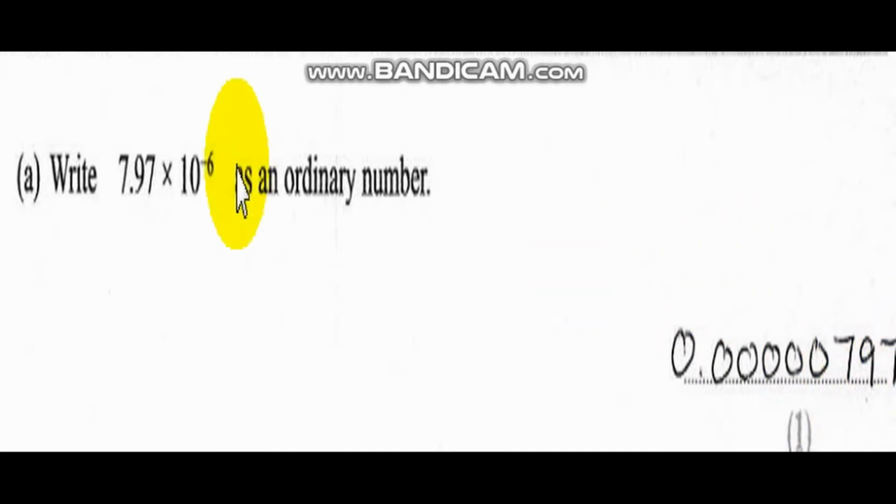Which figure is easier to memorize, this or that? 7.97 times 10 to the power minus 6 is very easy to memorize, right? So that's why scientific notation is most useful.